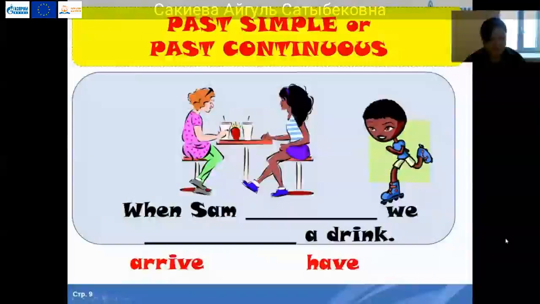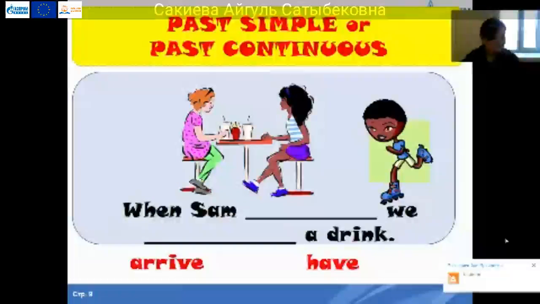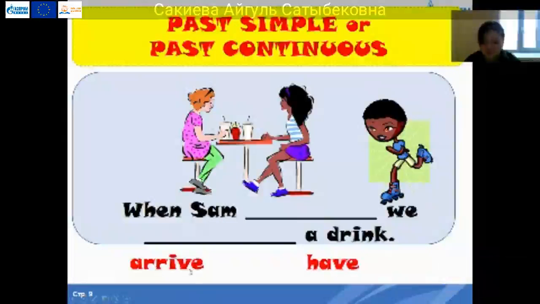next one. Here we have got some sentences. So what do you need to do? You need to put the verbs arrive and have in past continuous or in past simple. Be careful, yes? We need to use both tenses in one sentence. For example, when Sam, this is Sam, we had a drink.